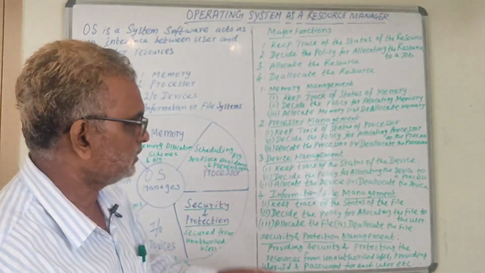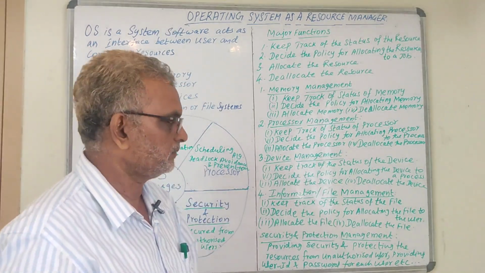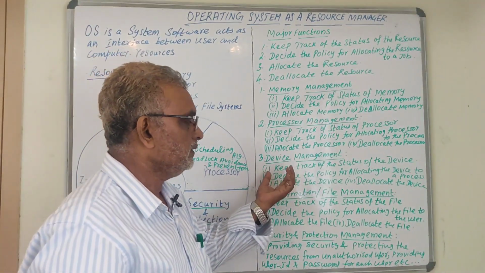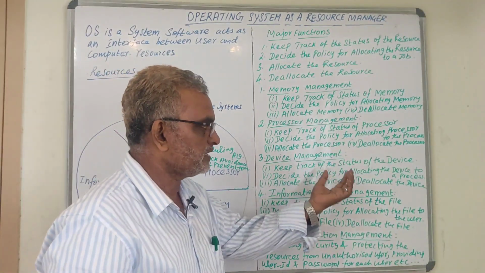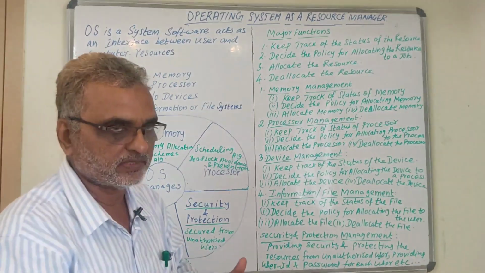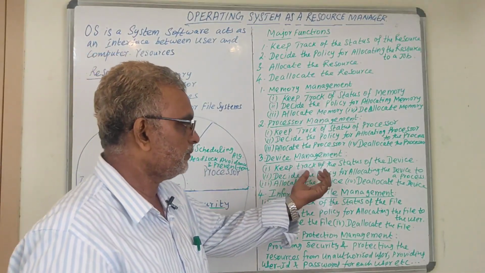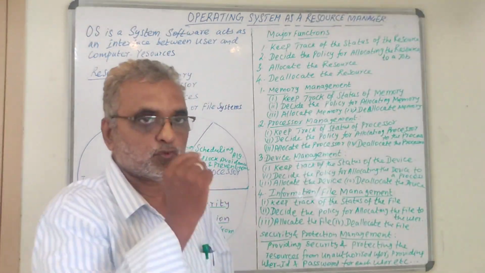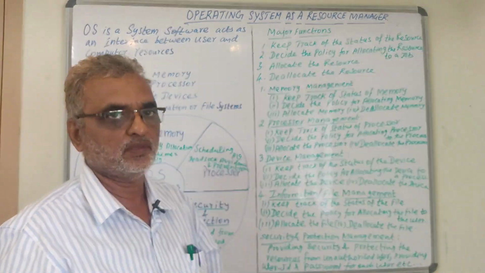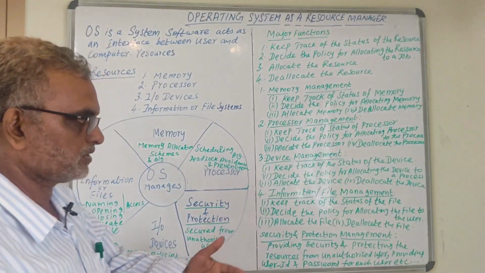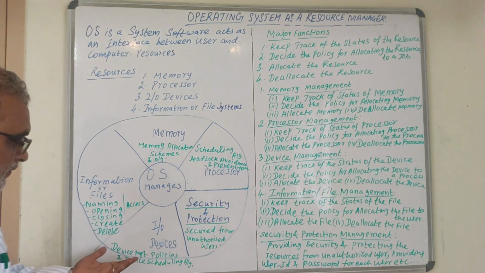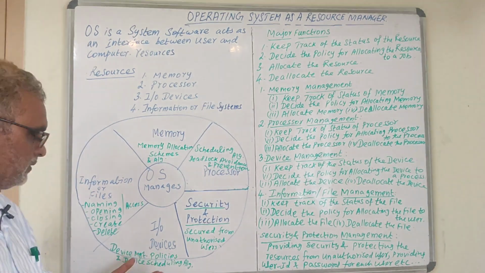Similarly, the third one, device management. Here also the operating system keeps track of the status of the device, whether the device is busy or idle. Decide the policy for allocating the device to a particular process, and we have different device management policies available.